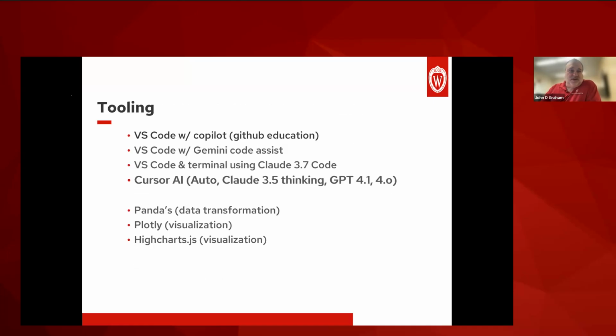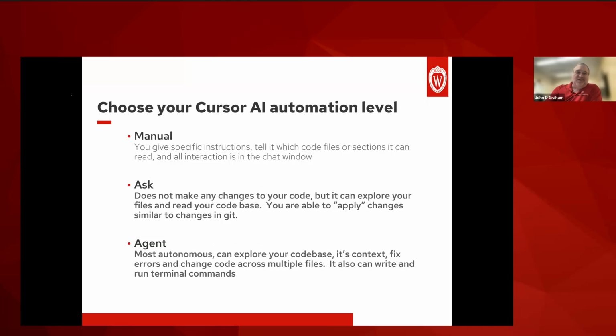For those that aren't familiar, I felt like I needed to reference this. There are three different levels. You have your manual approach, which is what you're familiar with a lot, when you copy and paste in ChatGPT or Gemini. So you're copying and pasting back and forth between your tooling. When you get to the next level, using Ask, you're actually working in your IDE, in this case Visual Studio Code.